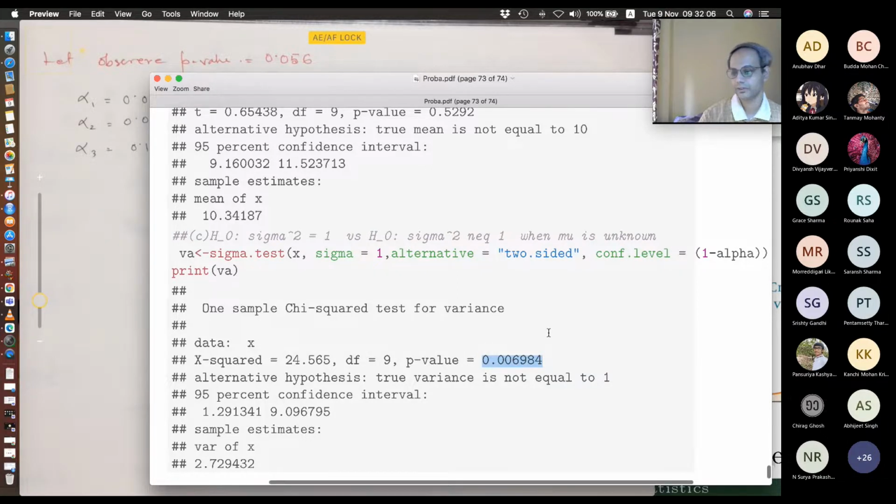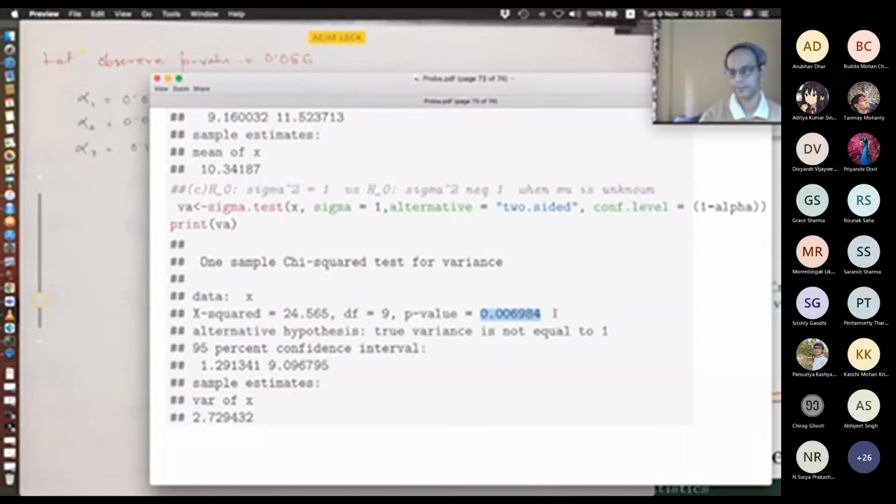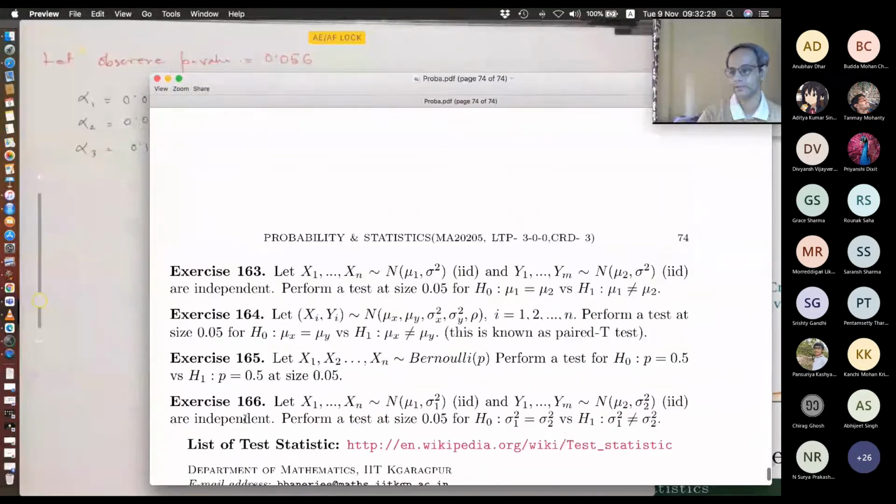The software has taken care of all of them and comes up with the p-value 0.006984. As a consequence, we are rejecting the null hypothesis in favor of the alternative. And you can see that it is 2.7, which is very high.